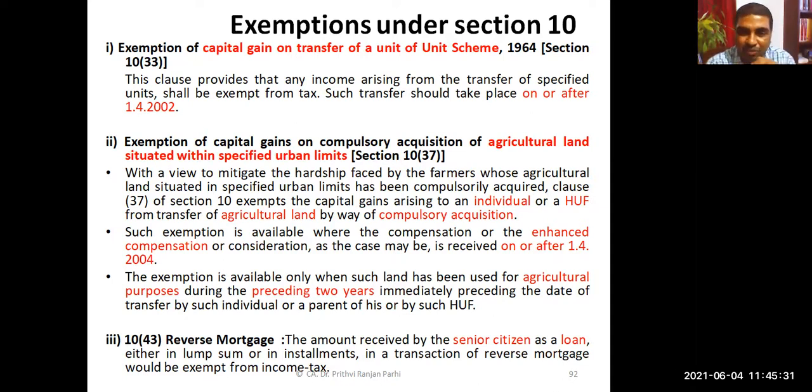After a certain period or the death of the person, the bank will acquire that property. So the amount received by a senior citizen as a loan, either in a lump sum or in installments, on a transaction of reverse mortgage, is also exempt from capital gain tax.